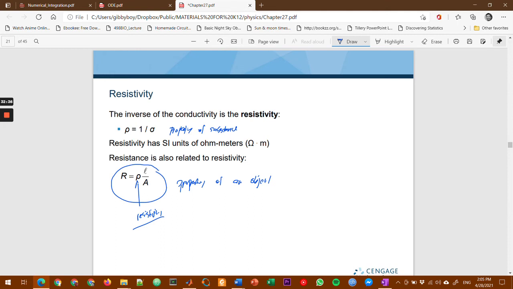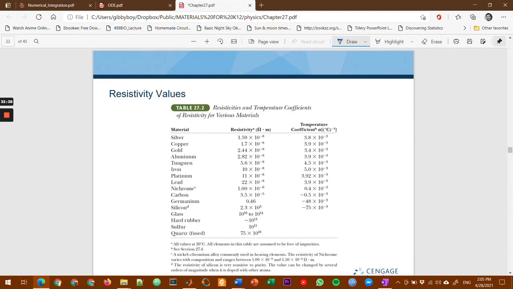And these are the typical values of resistivity for different materials. You have for silver, copper, and so on. If you notice, ang pinakagamay og resistivity diri is, wait, lead maybe. Okay. Oh, it's not lead.